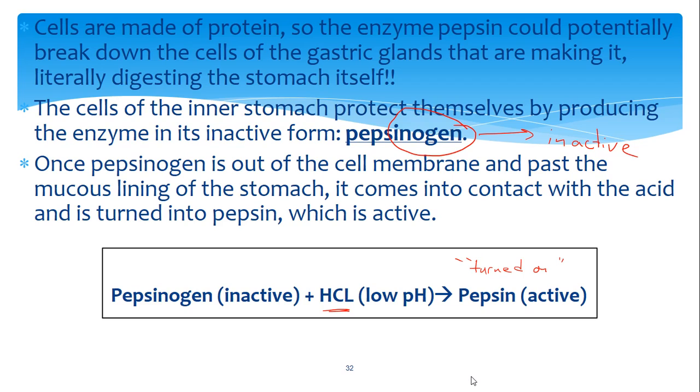Now, there are certain conditions where your stomach might not make enough mucus, or you might have an infection in your stomach where the mucus layer doesn't coat the stomach, and the pepsin will actually eat a hole through your stomach. Does anyone know what that's called? An ulcer, exactly, a gastric ulcer or a peptic ulcer. So we can have ulcers all over our body. An ulcer just means basically a hole.